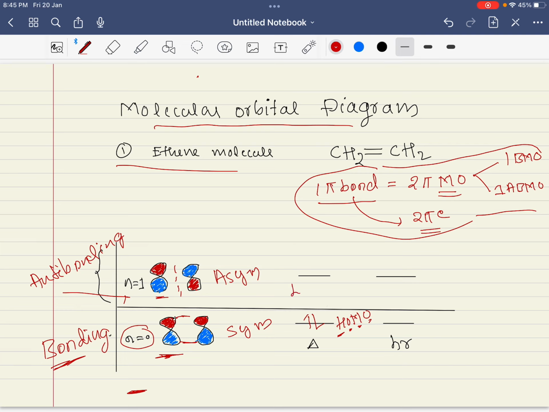And this one is the LUMO, lowest unoccupied molecular orbital. In photochemical condition, what will happen? One of the electrons will remain here, and another will be excited to the first excited state. So this is about the molecular orbital diagram of the ethene molecule.